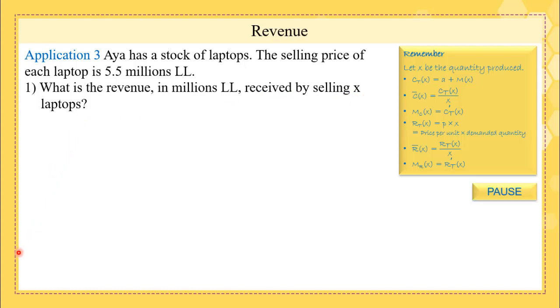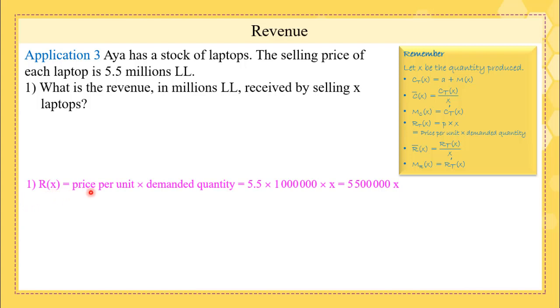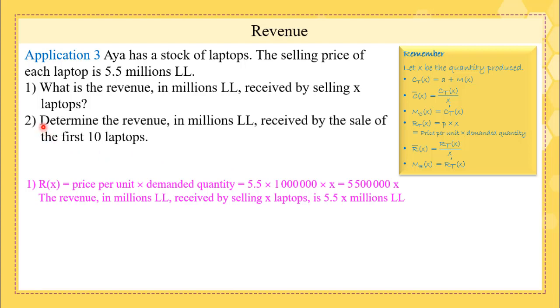R of X equals price per unit times demanded quantity, which is equal to 5.5 million times X, equal to 5,500,000 X. So the revenue in millions Lebanese lira received by selling X laptops is 5.5X millions Lebanese lira. Part 2. Determine the revenue in millions Lebanese lira received by the sale of the first 10 laptops.